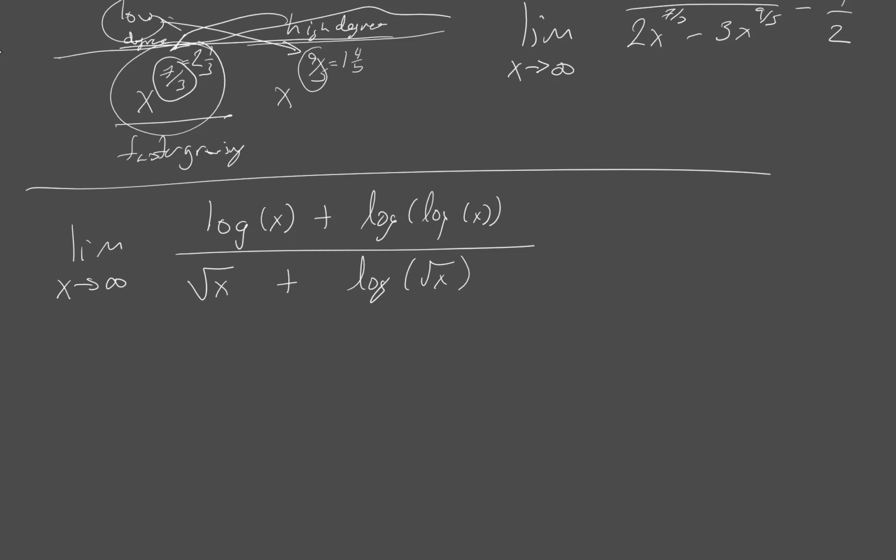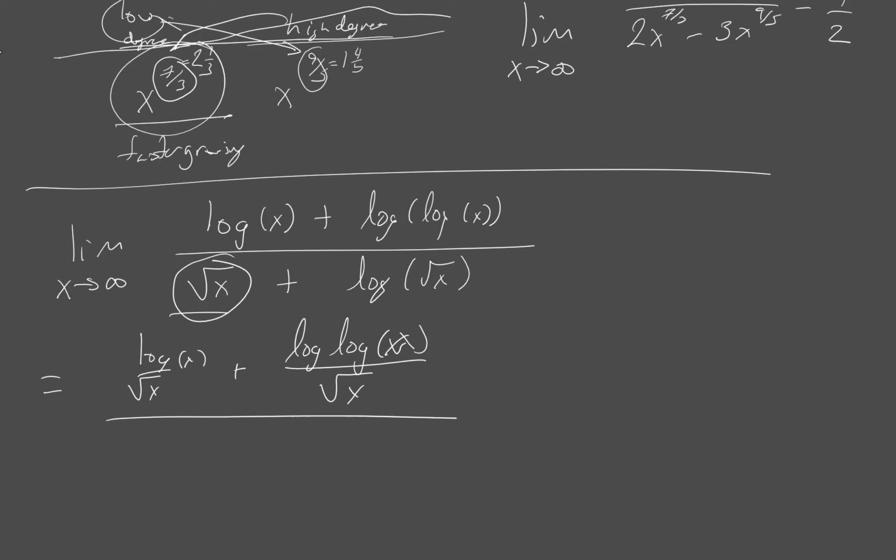Okay, which thing grows the fastest here? The square root of x. Of all of these terms, this thing's going to grow the fastest. If I divide everything by the square root of x, I'll have log x over square root of x plus log of x over square root of x, divided by square root of x over square root of x, which is equal to 1, plus log square root of x over square root of x.